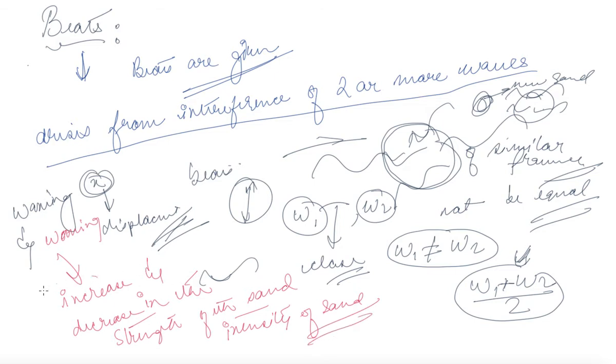This is what actually occurs. When you are playing two sounds of very close, not exactly the same, frequencies, you will hear a third sound and you will also feel the increase and decrease in the strength of that sound. This particular phenomenon is known as beats.